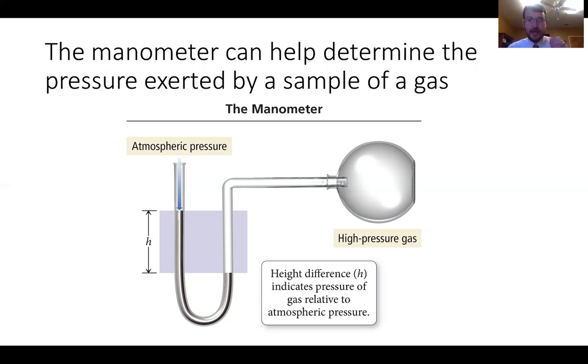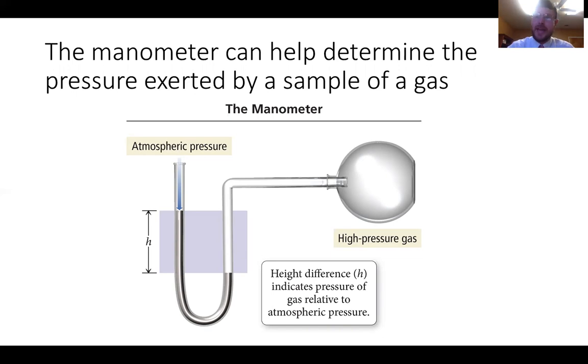And so if you see what's depicted in this picture, where it goes up higher towards the atmosphere versus the high pressure gas, what would that mean? If we do this experiment and we see this J tube and the mercury rises towards the atmospheric side, which gas, atmosphere or our sample, would have a higher pressure?